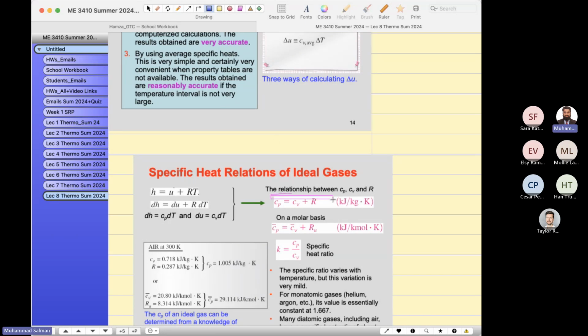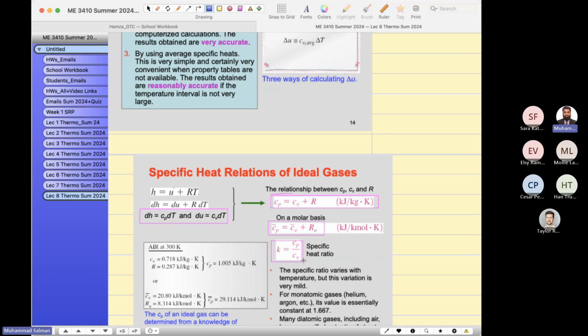Please write down this relationship: Cp equals Cv plus R. Usually for molar masses we rarely use this formula, but it's the same formula per kilomoles rather than per kilograms. So this is a point function. That's why we have dH rather than path functions.